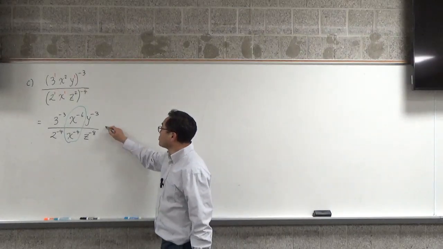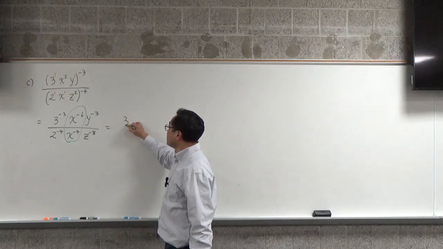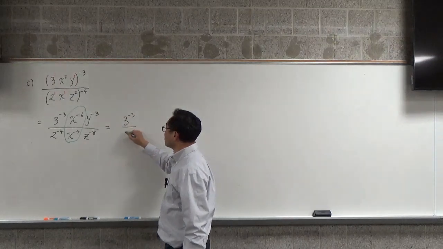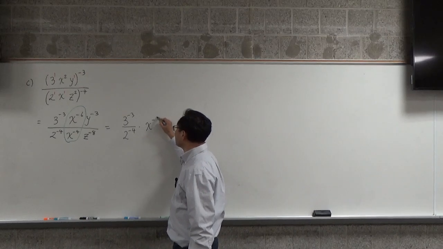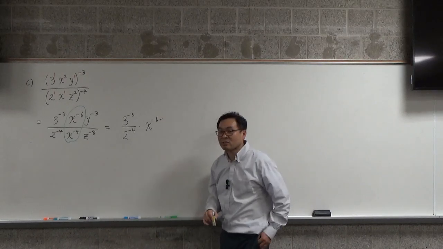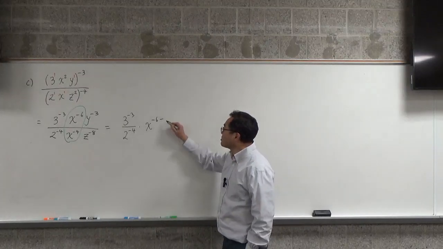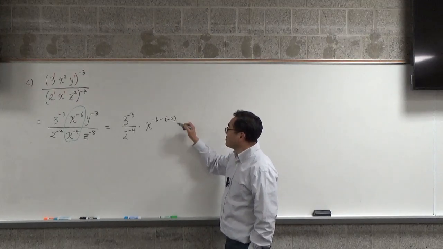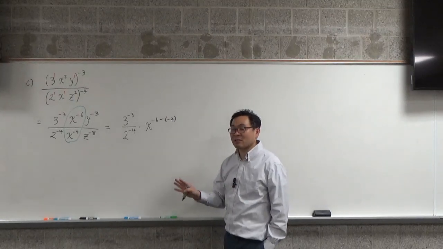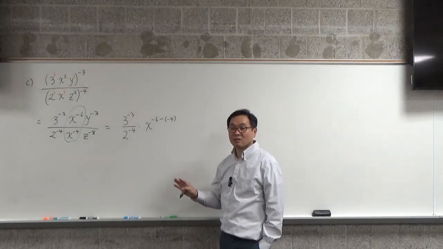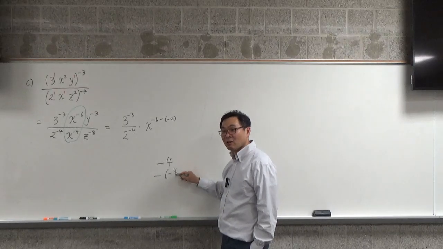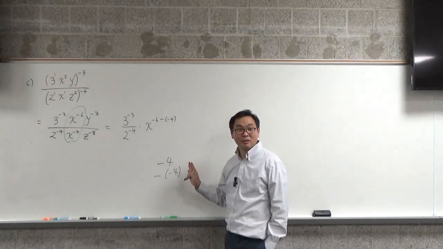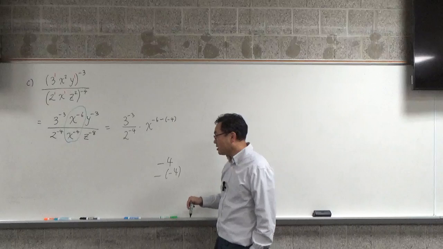Subtract. So this is going to be equal to 3 to the negative 3 over 2 to the negative 4 times x to the negative 6 minus what? Minus negative 4. Okay? So you're subtracting a negative 4. That's different than subtracting 4. You know the difference between subtracting a 4 and subtracting a negative 4. They're completely opposite, right?